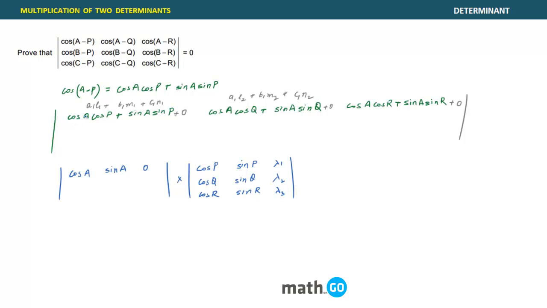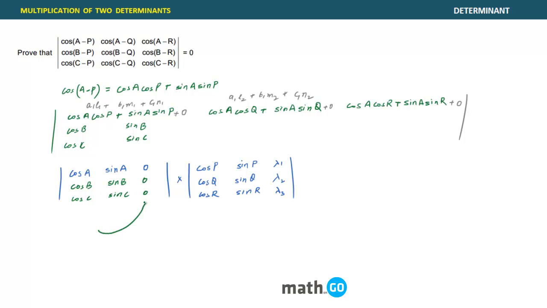Similarly, the next row is going to start with cos b and sin b, and the third with cos c and sin c. The same pattern has to be repeated here. This will be cos b, sin b, and this element will be 0. This will be cos c, sin c, and this element 0.